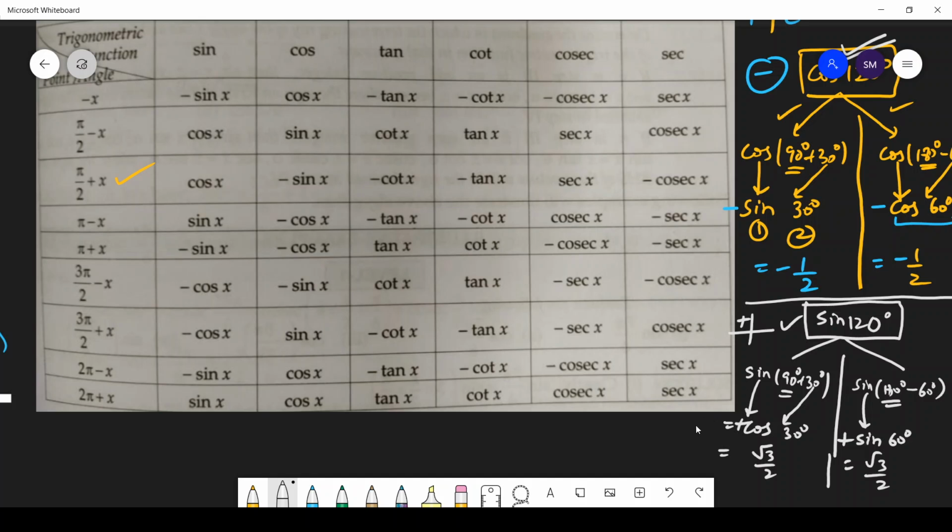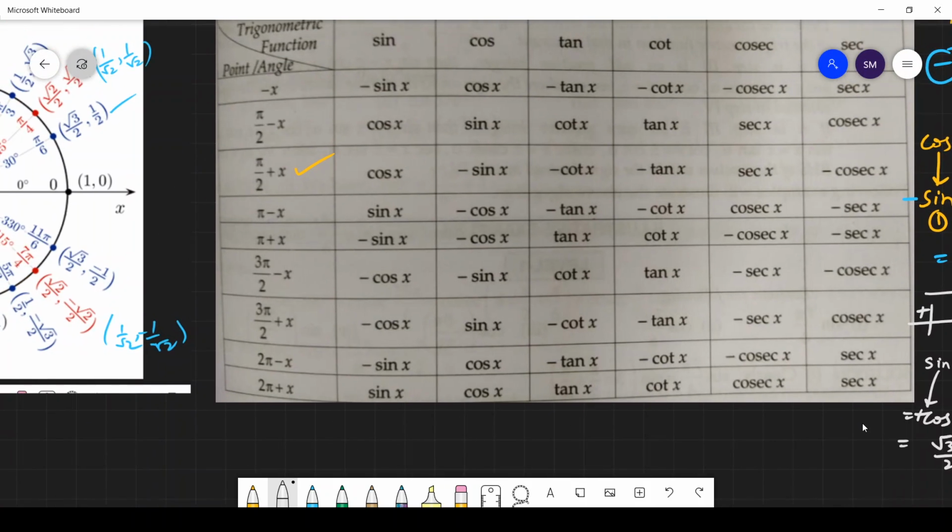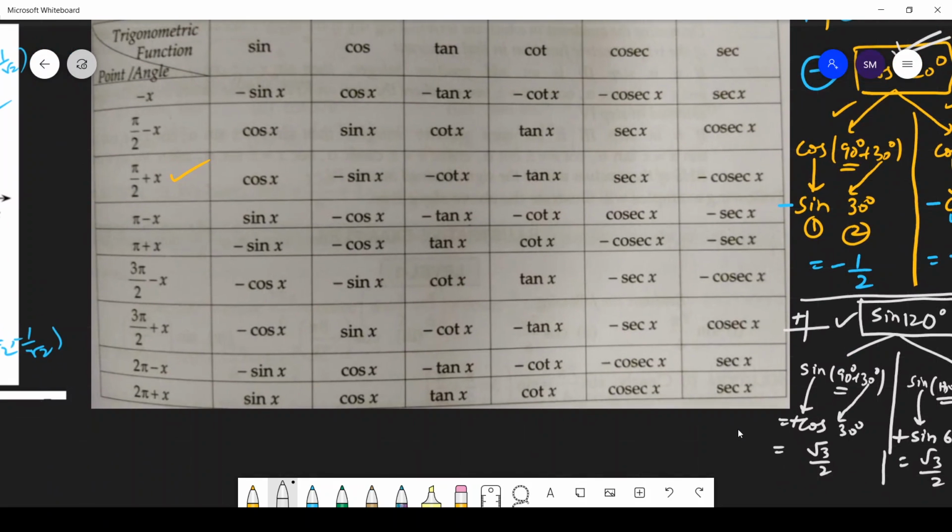Now do one more question. Sine 210 degrees.